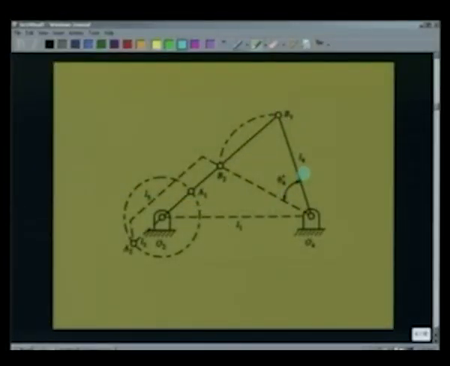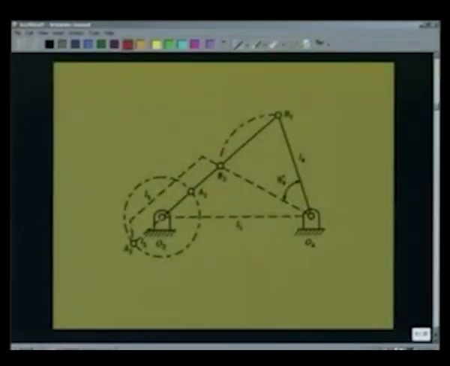Let us now derive what is the relationship between various link lengths. If we consider the triangle O2, B1, O4, what we see, O2O4 is of length L1 and O2B1 is of length L2 plus L3 and O4B1 is L4. And let us say this angle is, let me denote it by chi.